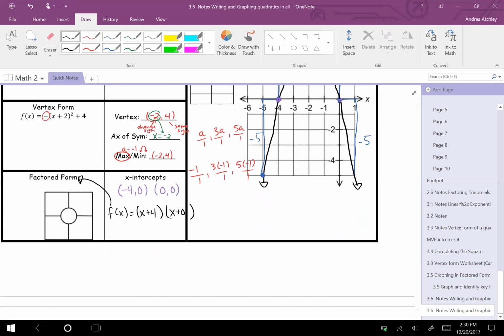Any questions over that? Anyone have an idea of how I can write it in standard form now? No ideas?